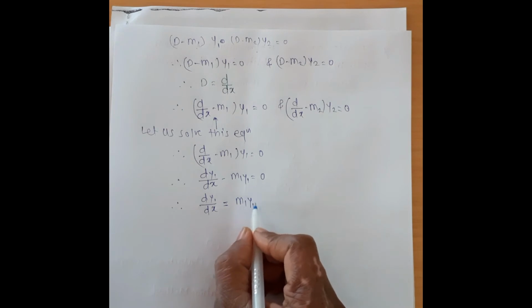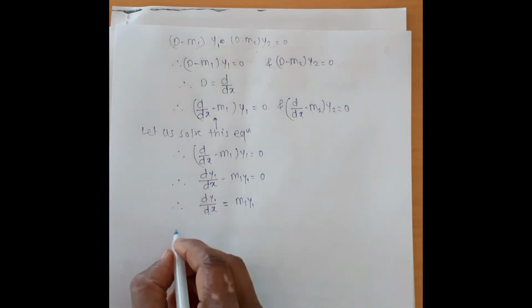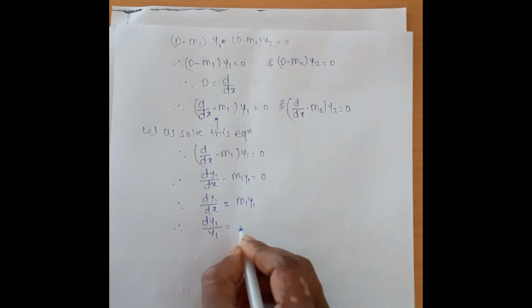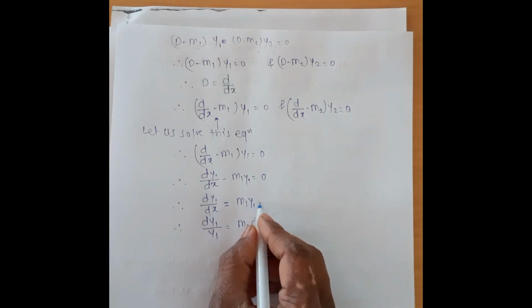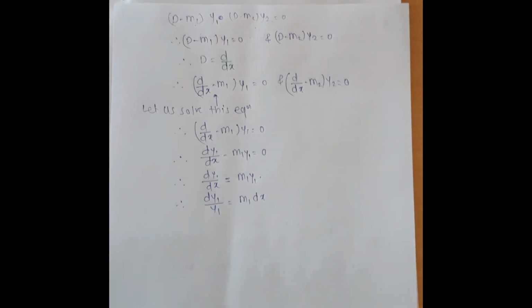This y1 comes to this side, then it will be divided, so we get dy1 upon y1 is equal to m1 of dx. This dx goes to this side, then it is simply multiplied.